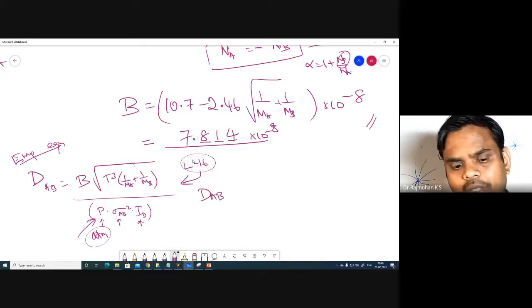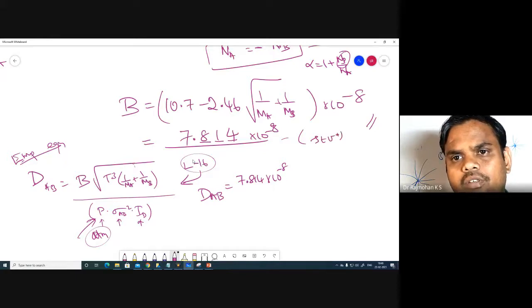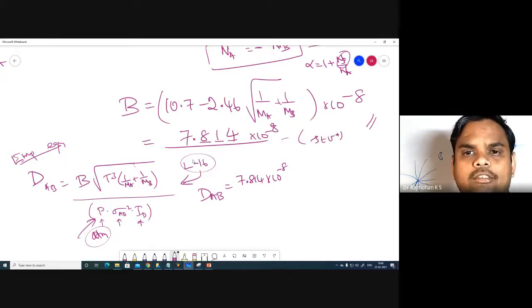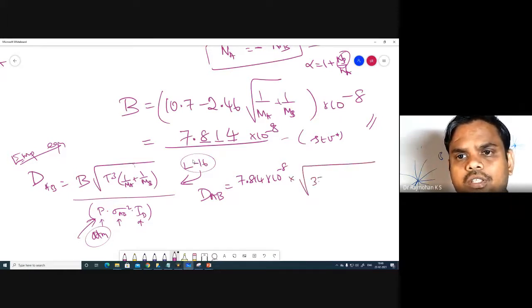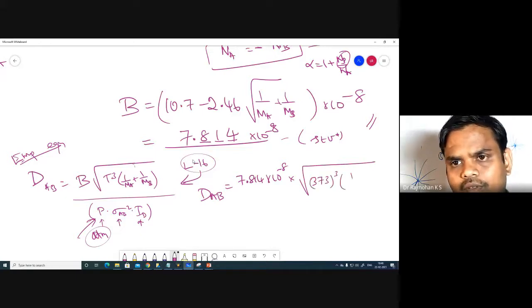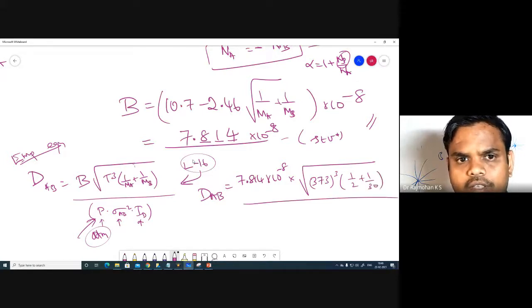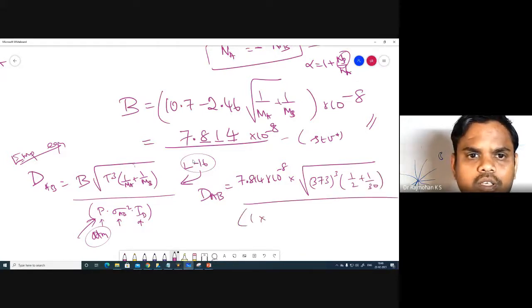So we have DAB equal to 7.814 into 10 power minus 8. Again, answers are subject to verification by the learners. 7.814 into 10 power minus 8 into square root of T cube, 373 cube, into 1 by 2 plus 1 by 30, divided by pressure, 1 atmosphere, into sigma AB value we have determined.